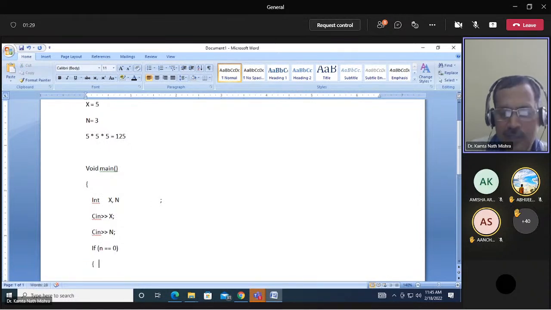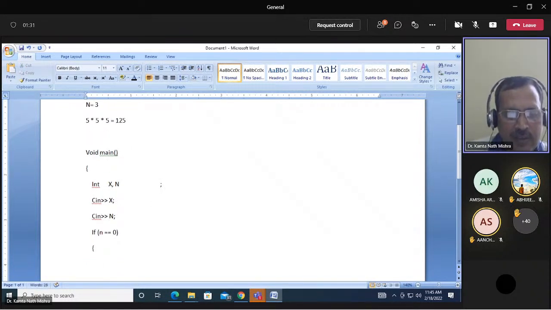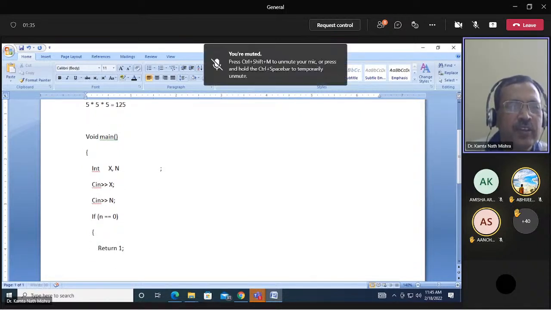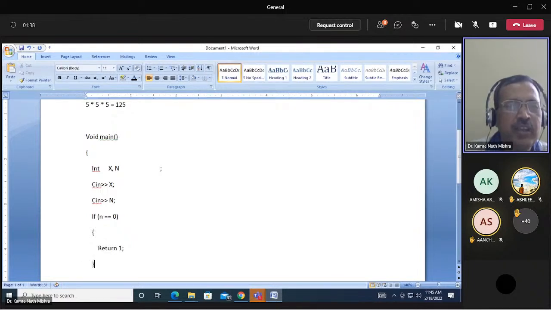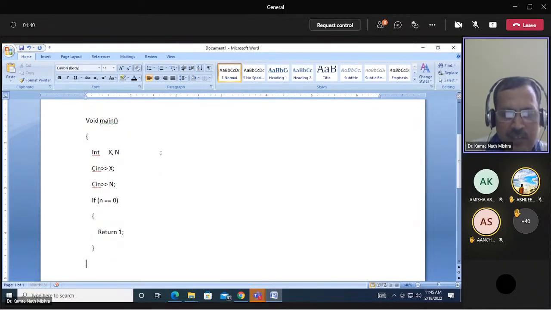Then what will you do? Return 1, or printf x power n equal to 1. Next is else if.